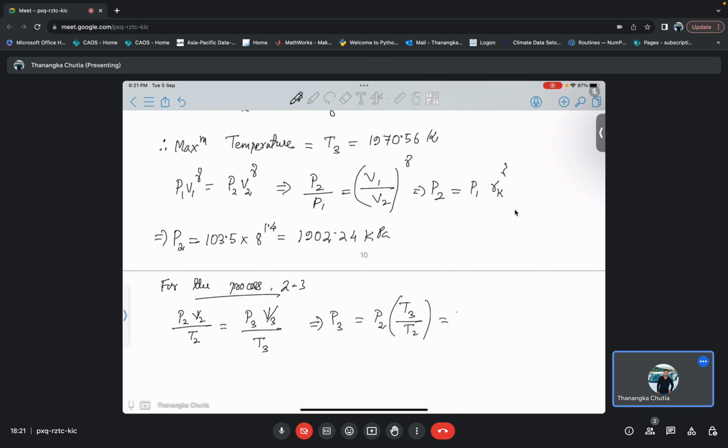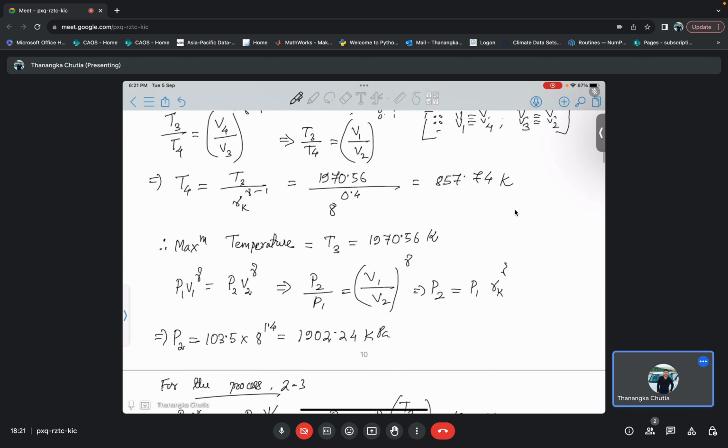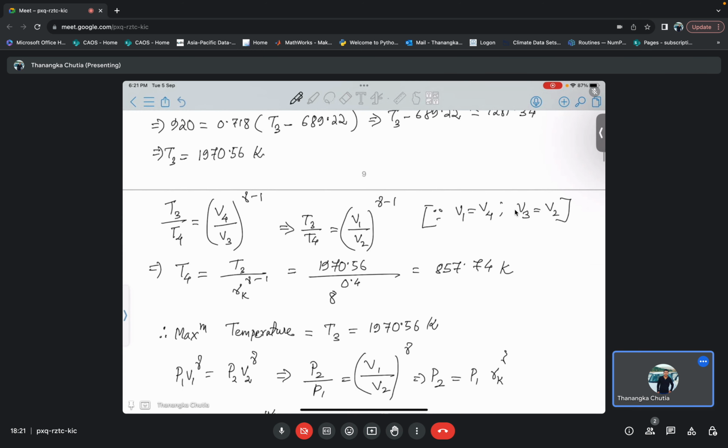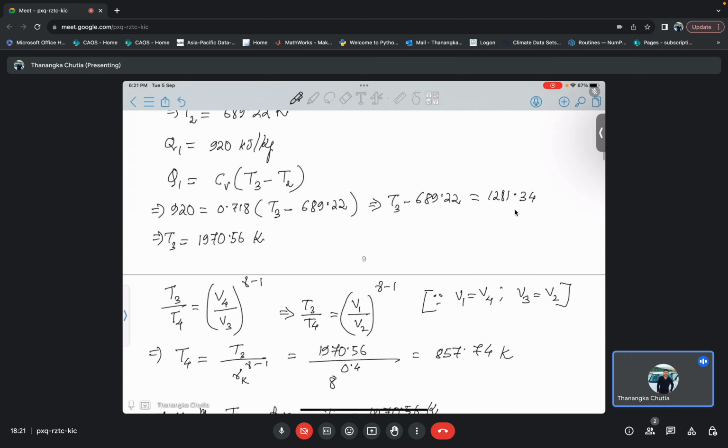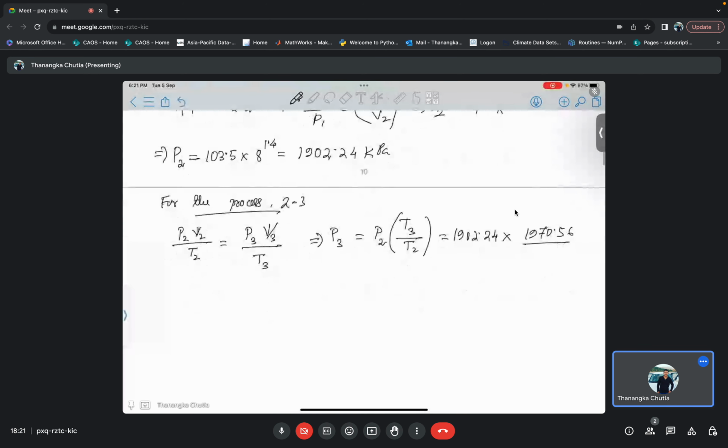P2 is 1902.24, T3 is 1970.56, and T2 is 689.22, in kilopascal. So from here P3 is equal to what?